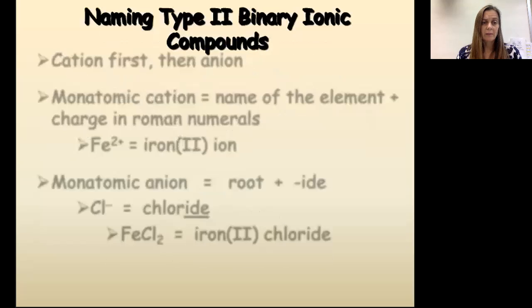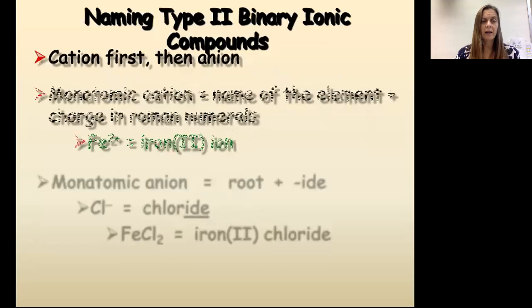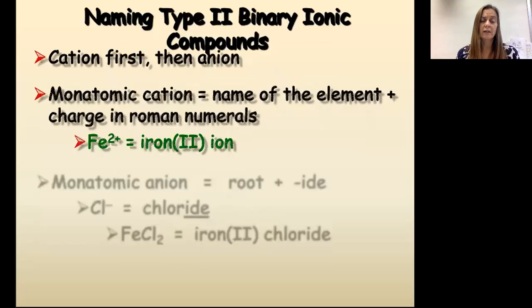Okay, so when we name these, first we name the cation, then we name the anion, and on our cation, we're going to give the name of the element plus its charge in Roman numerals. So here our example is that we have the iron 2 ion, it's Fe2+, so we're going to name it iron(II).